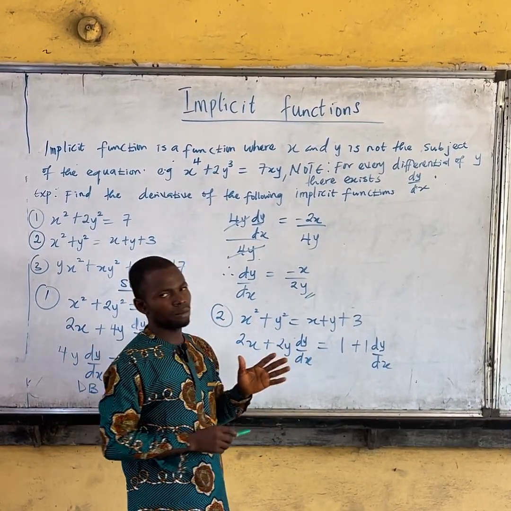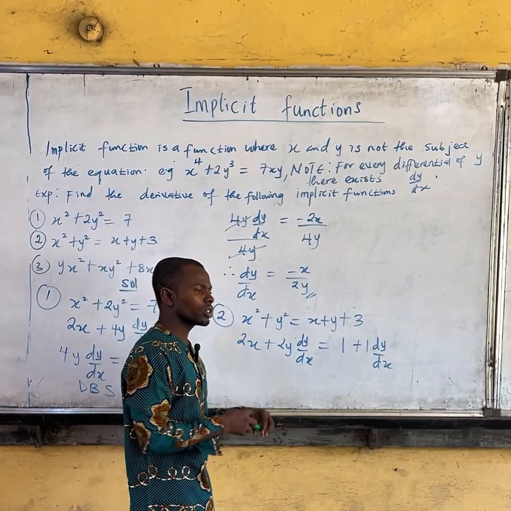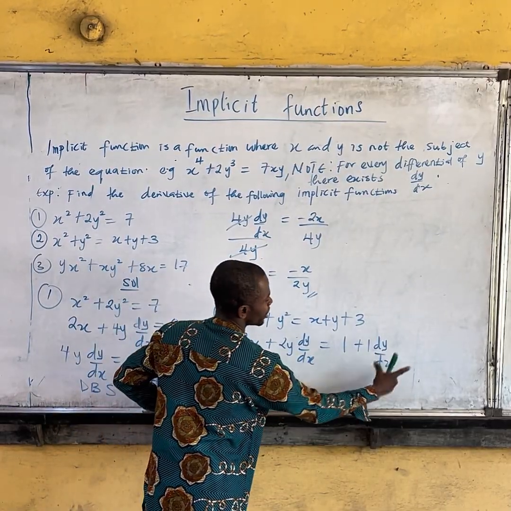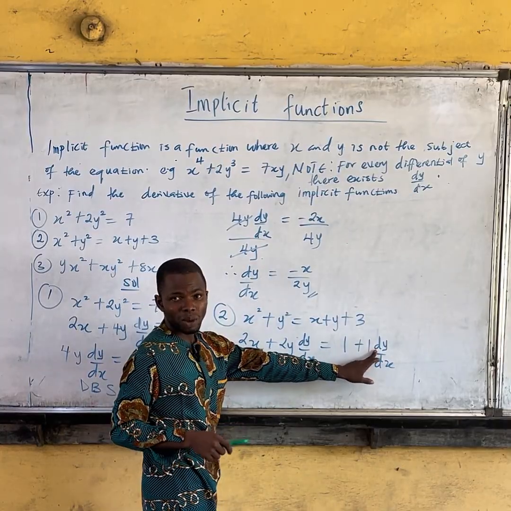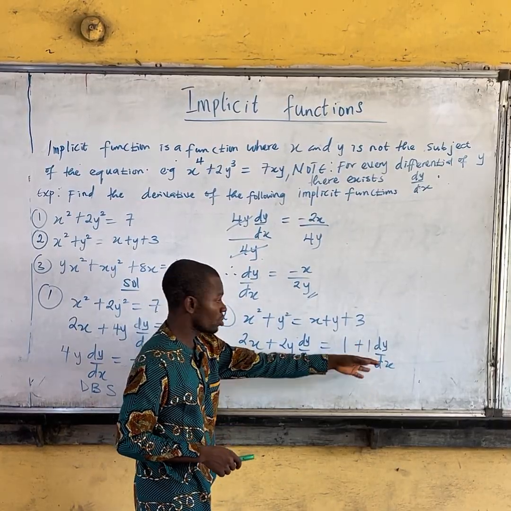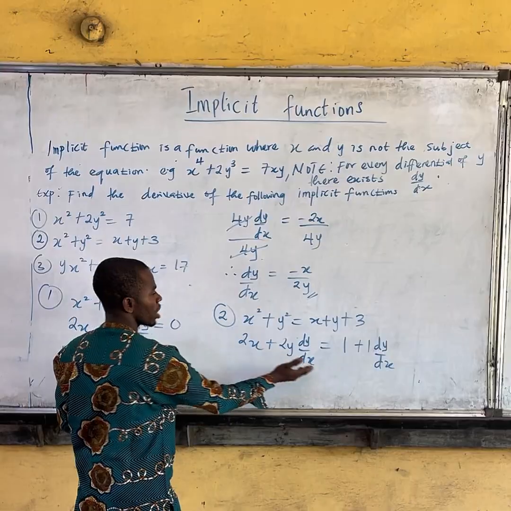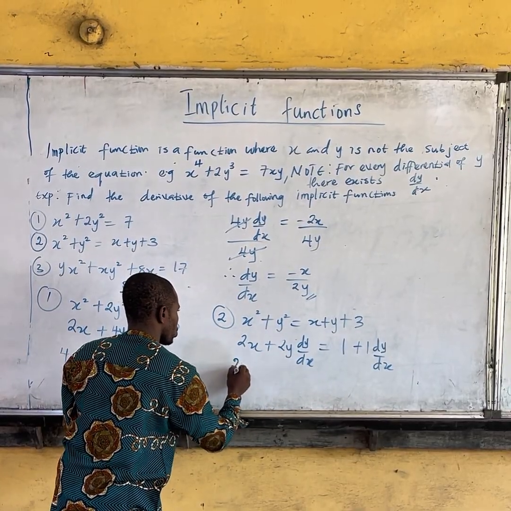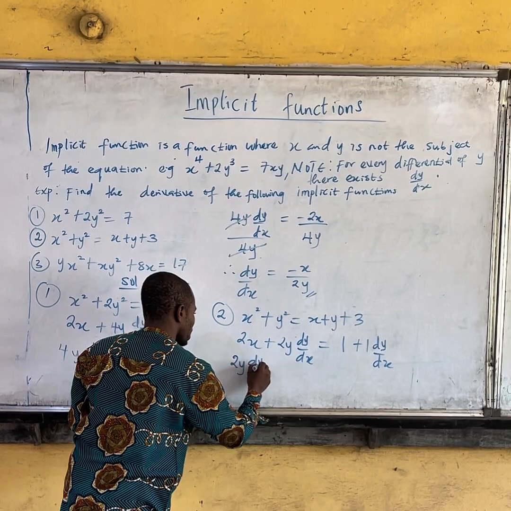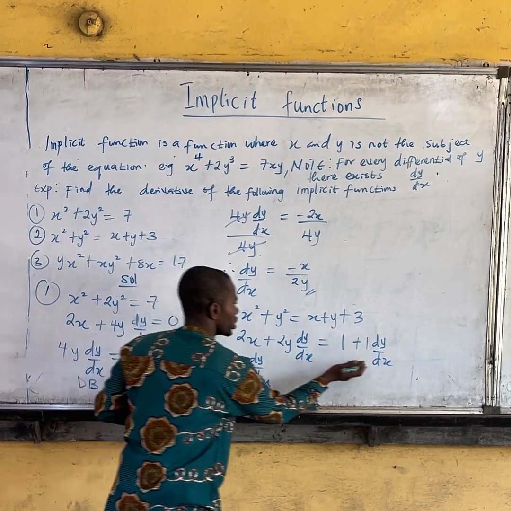Don't forget, my aim is to find dy over dx. So from here, I will collect like terms, there is dy over dx here, there is dy over dx here. Note, 1 dy/dx is still dy/dx, so 1 is just a coefficient. So if this one crosses, it will now be 2y dy/dx.